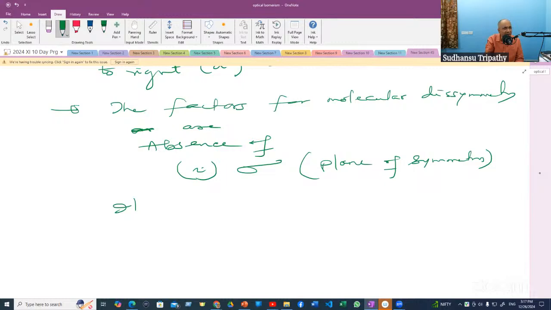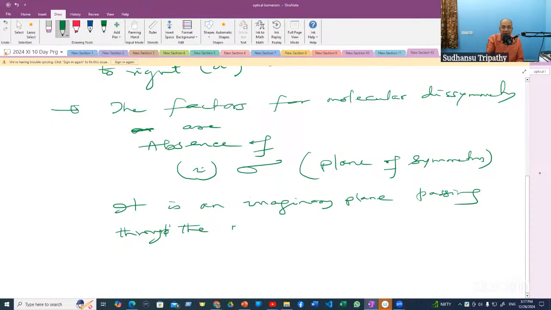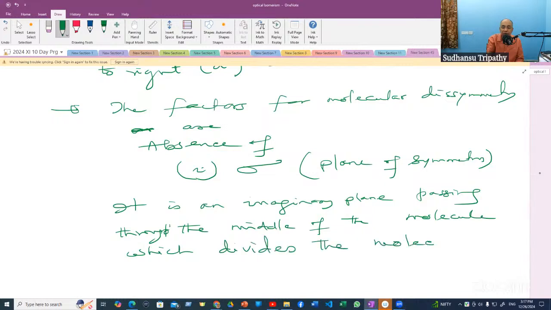It is an imaginary plane passing through the middle of the molecule, which divides the molecule into two halves, which are mirror images of each other. They're not identical, they're mirror images of each other.